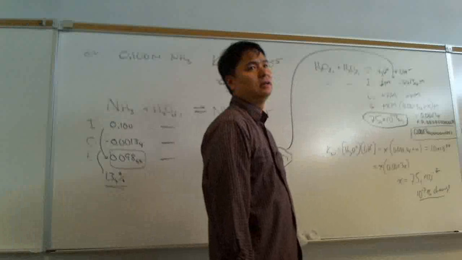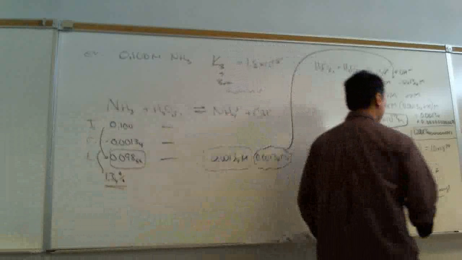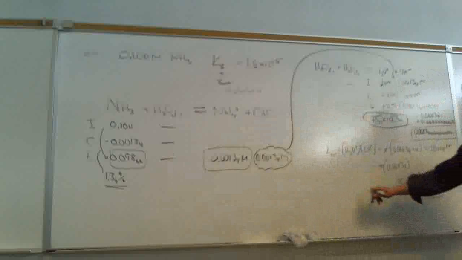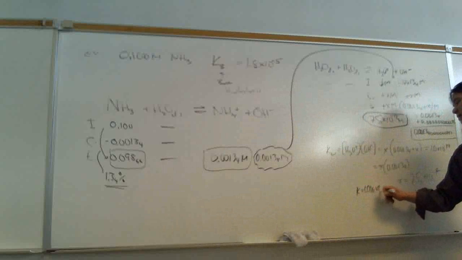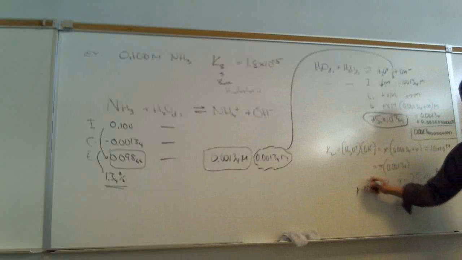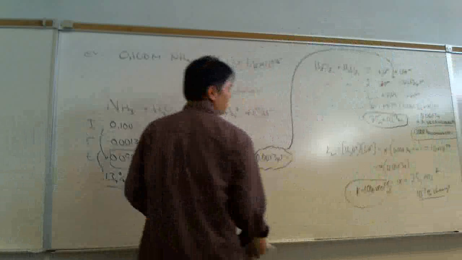Yeah? 1.006 times 10 to the minus 14. That's good. 1.006 times 10 to the minus 14, which checks. It's just a rough double check. All right, so that's good.